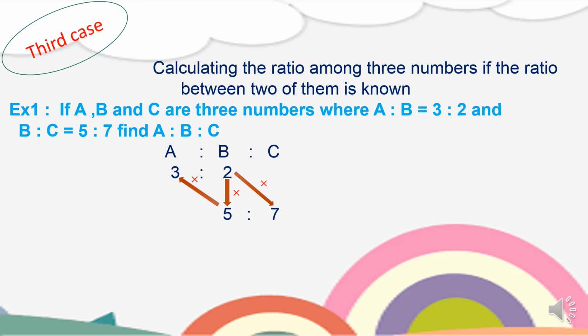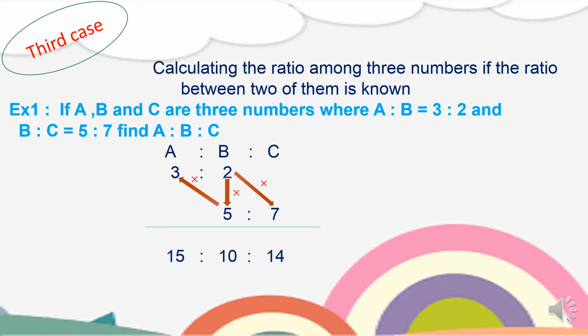Again, I have two ratios with the common number: A to B, 3 to 2, and B to C, 5 to 7. I have the common number B, so I multiply 2 times 5. We'll get 10.